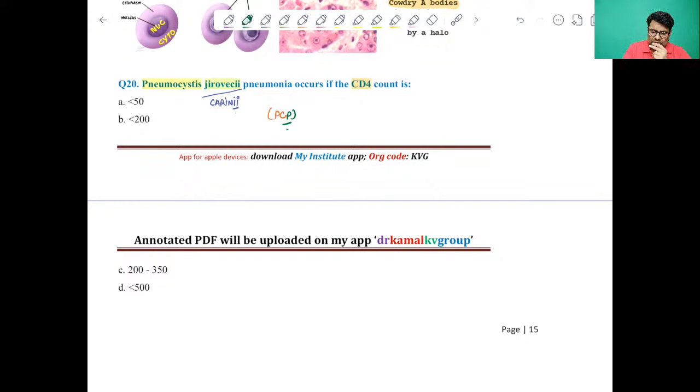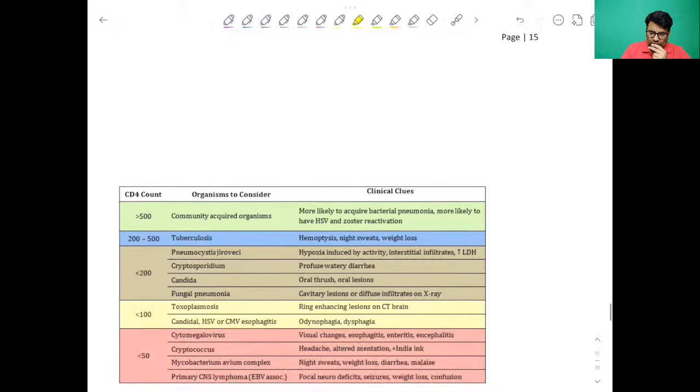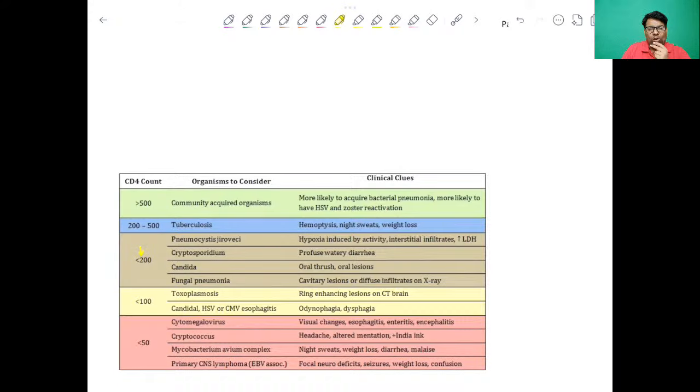And yes, if the CD4 count is less than 200, there is a high possibility of an HIV/AIDS patient developing this opportunistic respiratory infection, that is Pneumocystis jirovecii pneumonia, right? So if the CD4 count falls below 200, there is a high likelihood of having this opportunistic infection, which is Pneumocystis jirovecii or Pneumocystis carinii pneumonia.